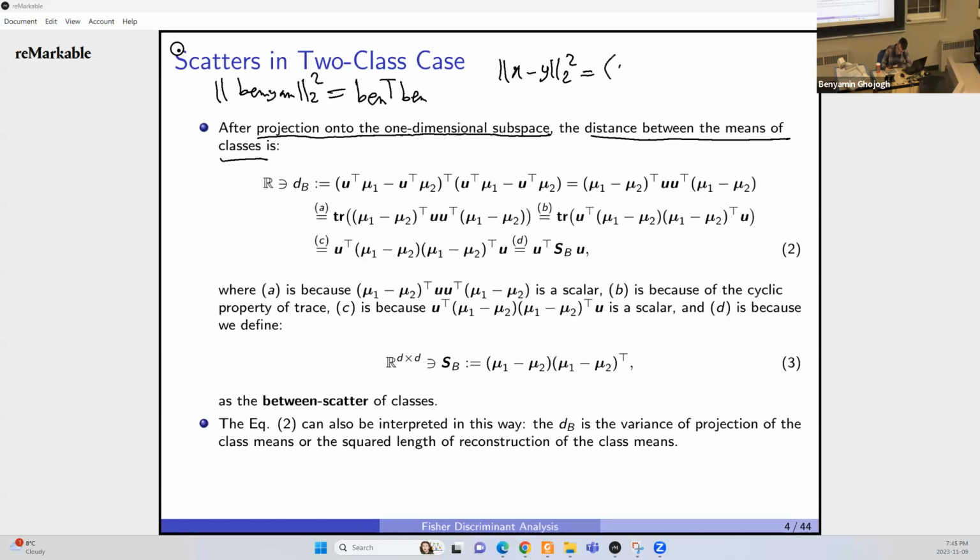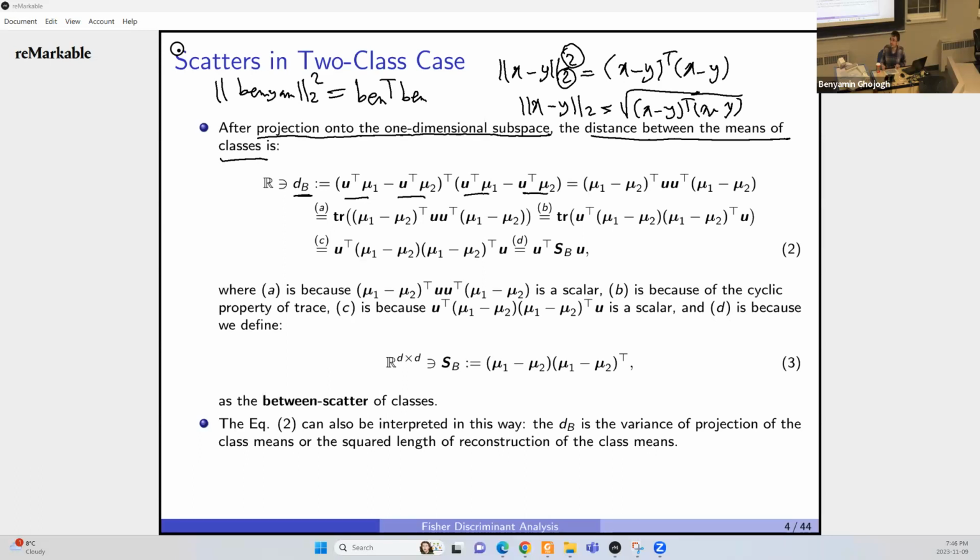So it becomes (x minus y) transpose (x minus y). That's a squared Euclidean distance. Euclidean distance itself has a square root. So now I'm using a squared Euclidean distance between the means of the two classes after linear projection.